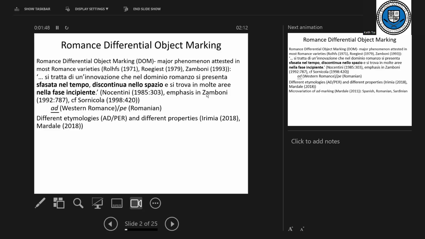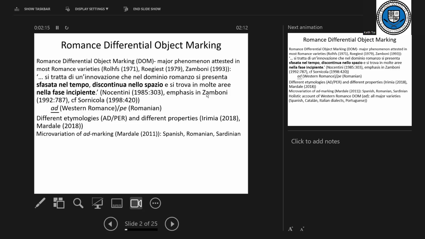Also, it's not really necessary to look at both in the same analysis, because a and pe clearly have different etymologies and hence different properties. Numerous Romanian scholars like Monica and Alexandru have looked at the differences between a and pe, so it's not up to me to do that.